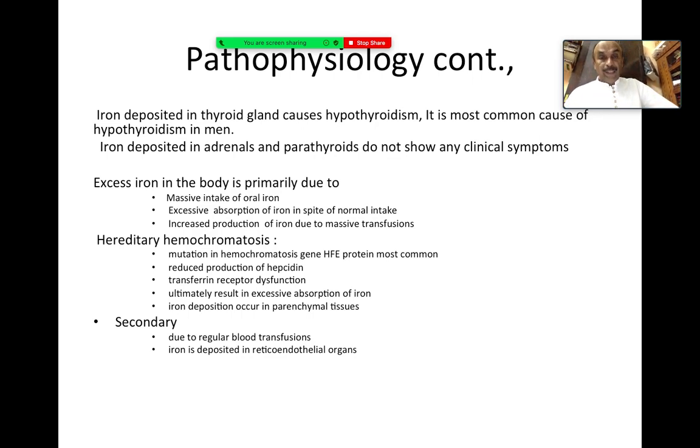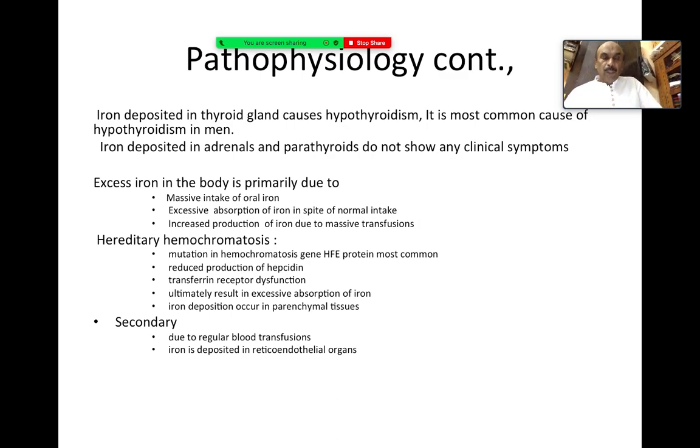Excessive absorption of iron in spite of normal intake, because of the genetic abnormalities of the protein hepcidin, is associated with the increased absorption of iron in spite of normal intake. Increased iron load due to massive blood transfusions. These are the three important factors that cause the iron overloading of the body.